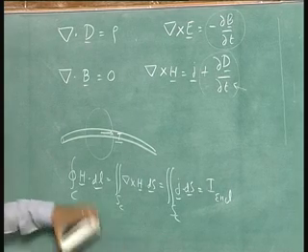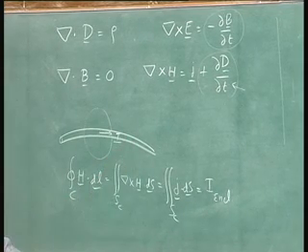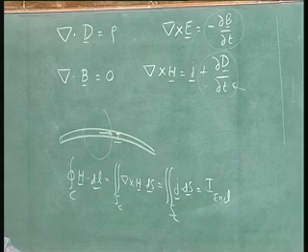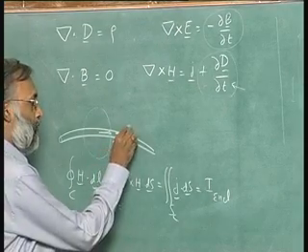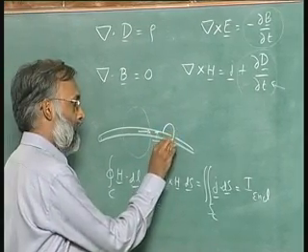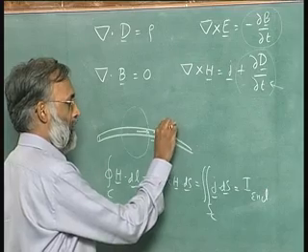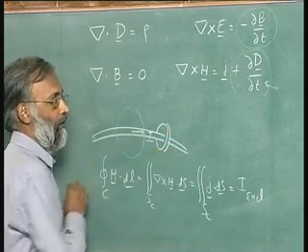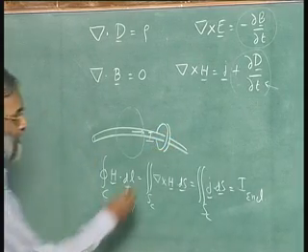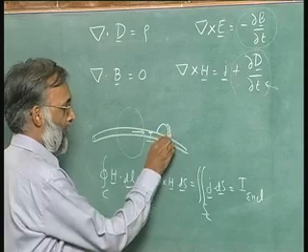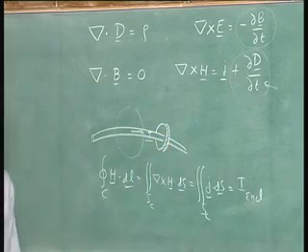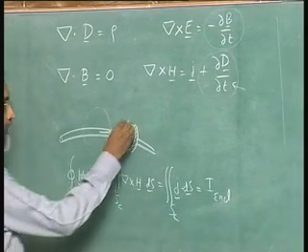But you can make a thought experiment. You can say, supposing I break this wire at one point and I put two discs which are separated by a very thin dielectric.